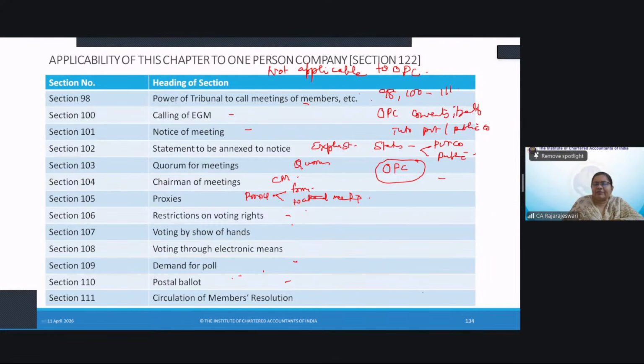Then circulation of members' resolution, even that is not there. All these provisions are not applicable to a one person company only if it retains the status of a one person company.